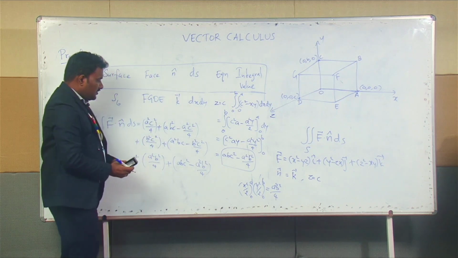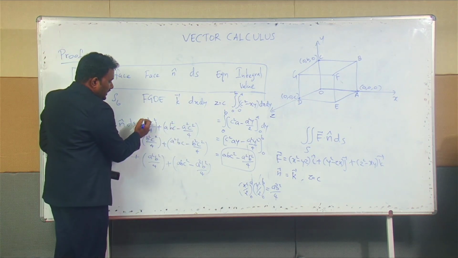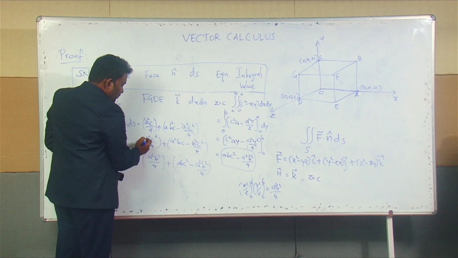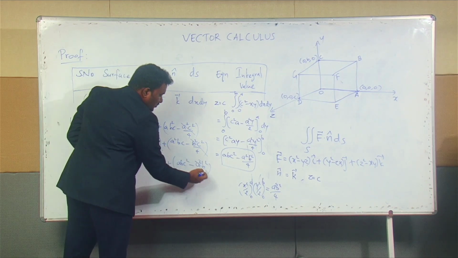If you look at the first term, we will have the counterpart in the second integral, right? So, we can cancel them. Likewise we can cancel this, and also the last two.